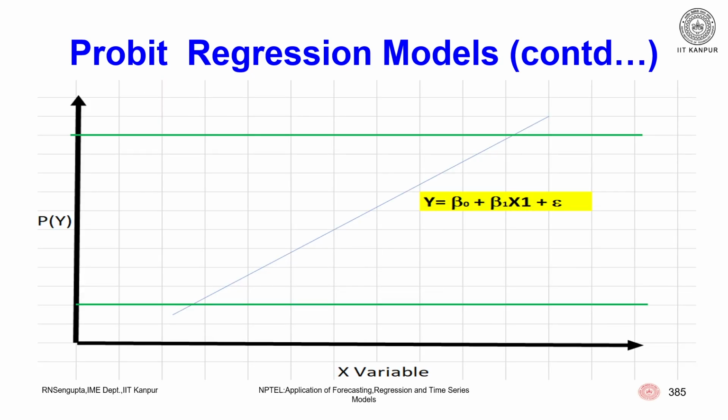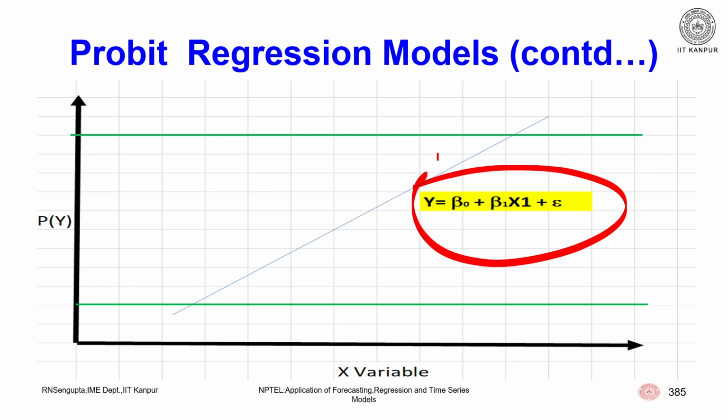Now, the idea is, if you remember, that the Probit regression model is given as highlighted in this yellow color. So, y is equal to beta naught plus beta 1 into x 1 plus epsilon. Beta naught again is the coordinate where the y axis is touched by this linear line, and obviously, in that case, x values are 0.